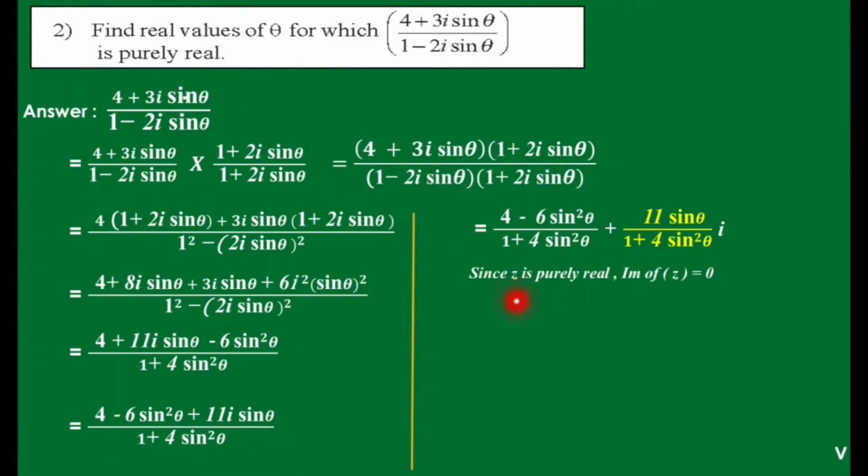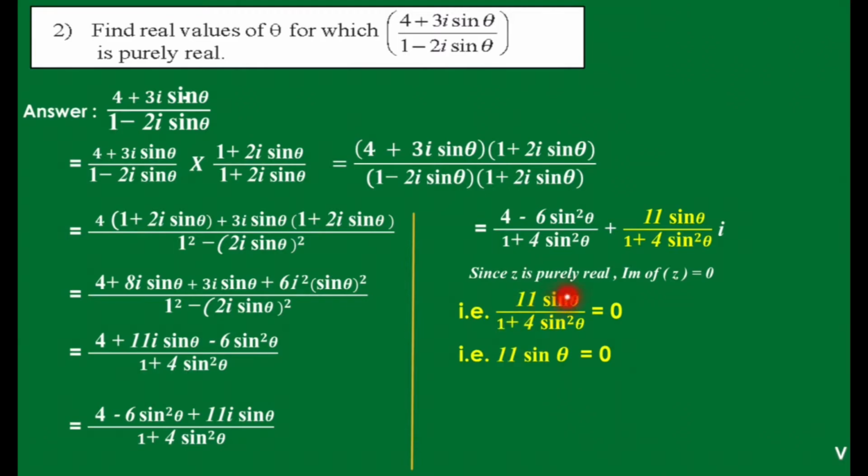So we write here, since z is purely real, imaginary part of z equals 0. That means 11 sin theta upon 1 plus 4 sin square theta must be equal to 0. So we equate this with 0 because we require the number to be purely real.